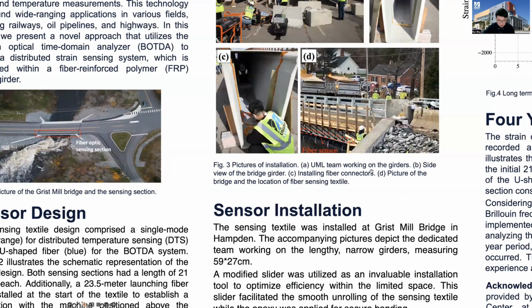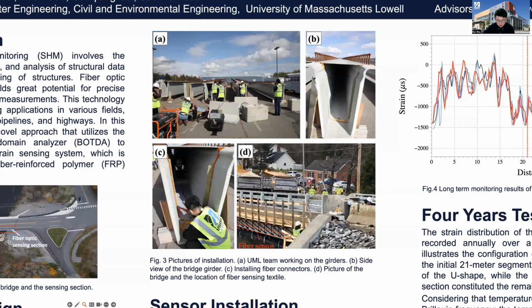The successful installation of our sensing textile at Grist Mill Bridge in Hampton was a significant achievement. To optimize efficiency within the limited space of the bridge girders, we employed a modified slider as an invaluable installation tool. This slider facilitated a smooth unrolling of the sensing textile while epoxy was applied for secure bonding.